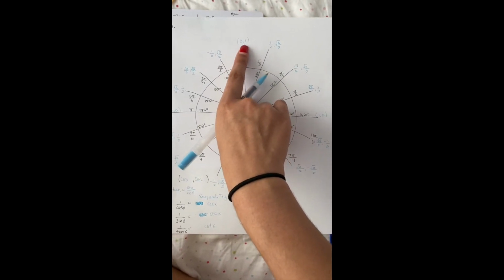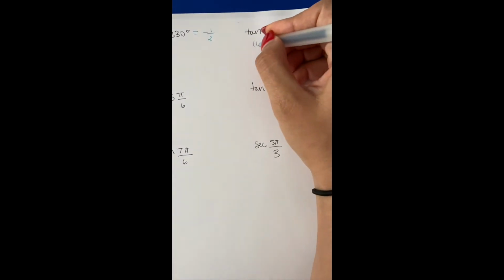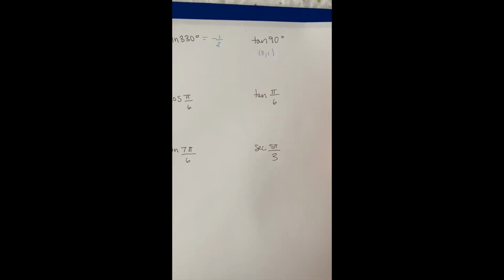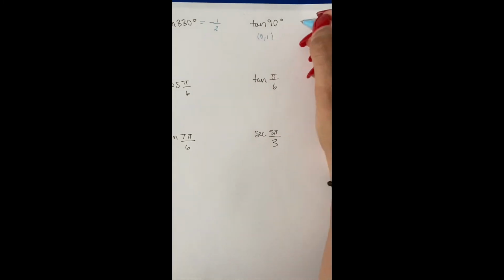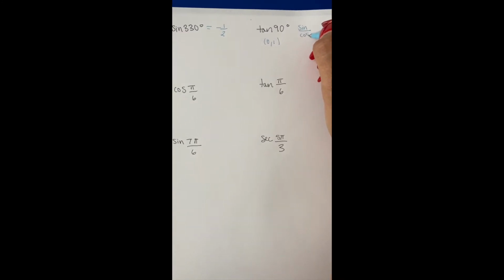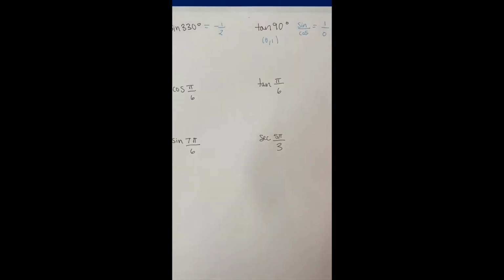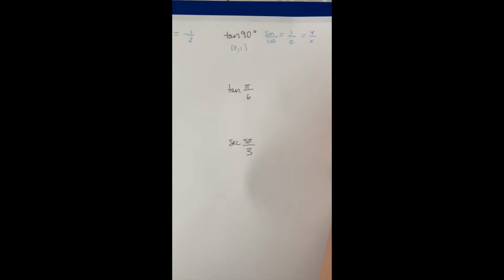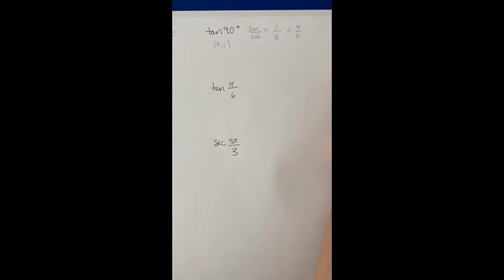To find tangent, if we have that 90 degrees is (0, 1), or cosine is 0 and sine is 1, you want to put sine over cosine, meaning you are going to put your y value over your x value. You put your y value over your x, or you just put 1 over 0.